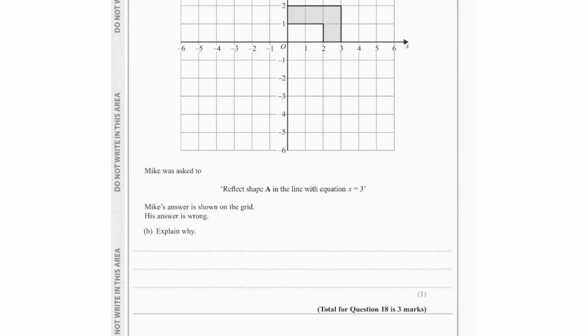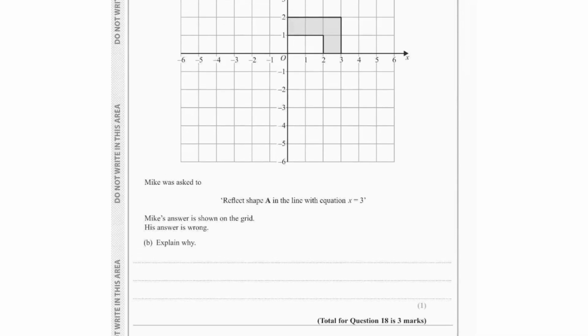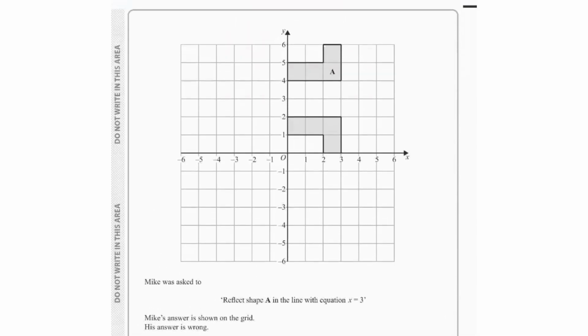Then it says Mike was asked to reflect shape A in the line with equation x equals 3. Mike's answer is shown on the grid. His answer is wrong. Explain why. So basically what he did wrong was he reflected the shape in the line y equals 3. X equals 3 is this line. This is x equals 3. So the shape should have been like this, basically.